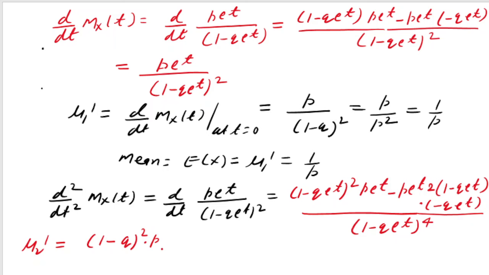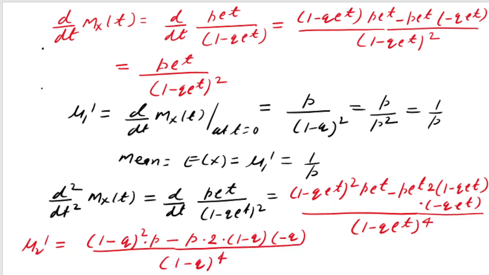E to the power 0 will become 1, and here p is there. So p into 2 into (1 minus q e to the power 0), so it will become 1 minus q, and here we have minus, right? So I write in bracket minus q, e to the power 0 will become 1, and the whole thing is divided by (1 minus q) to the power 4.